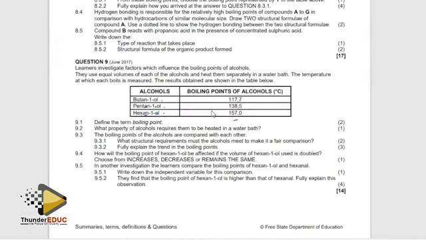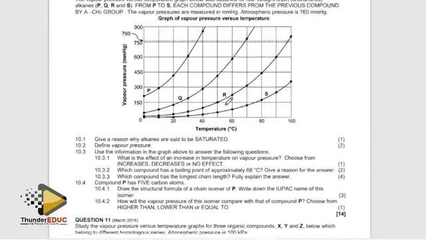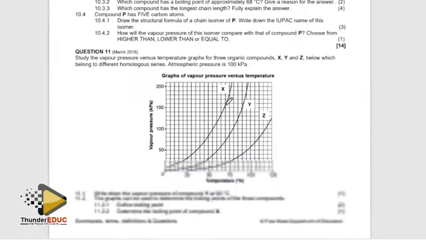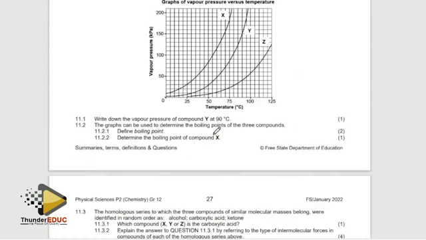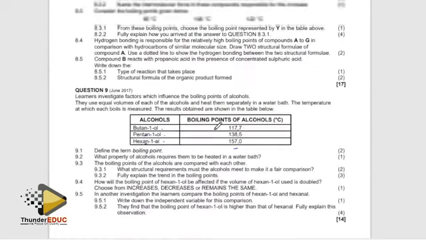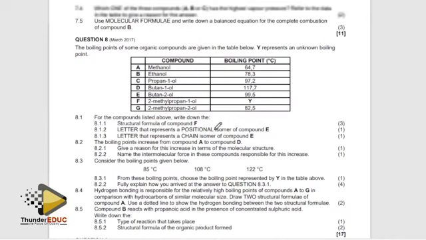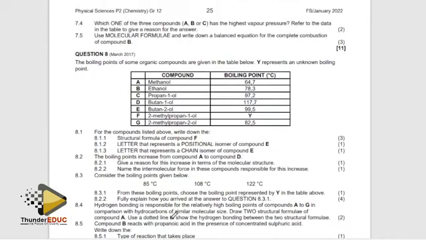Then, if it is a different functional group, let me see. Saturated, unsaturated. Let's look at this. Then this one is methanol. All of them are the same thing, alcohol.